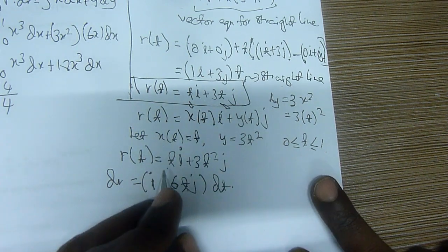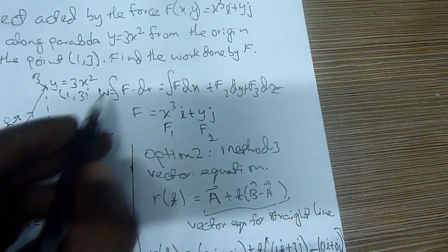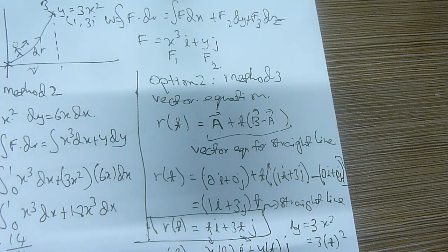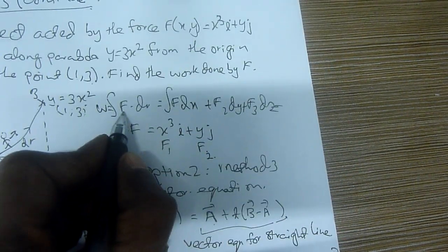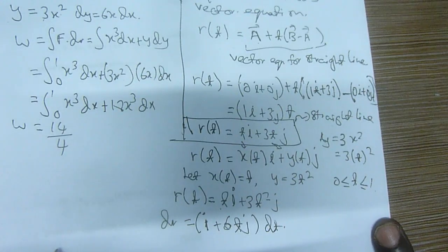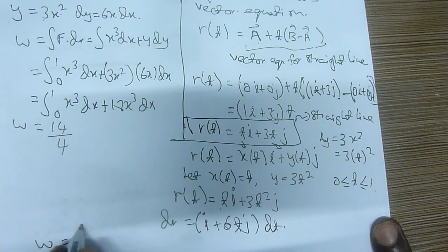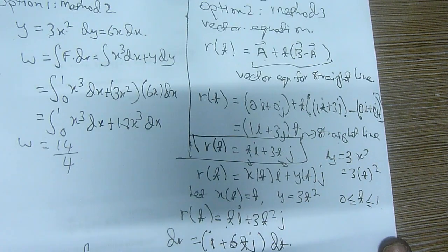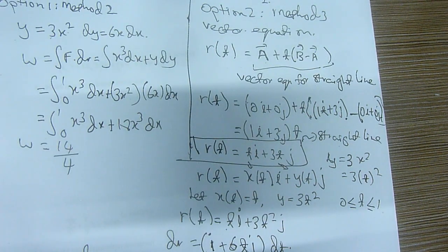Now, the first time you are seeing this formula again, the first time you are seeing the F dot dr. So many of you don't like this. In most cases they will measure everything from the vector base.